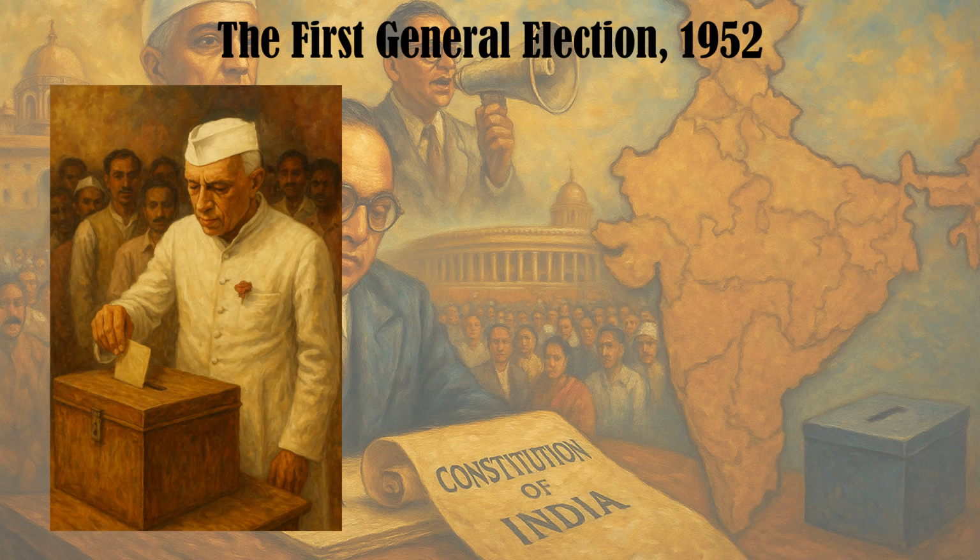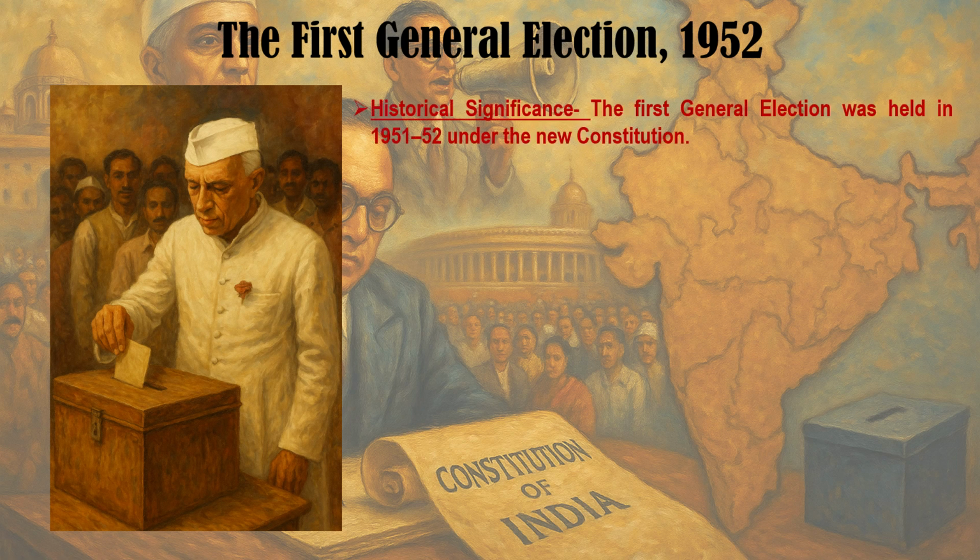Now, how was the first general election? Democracy means there has to be an election, and the election should be in a multi-party system. So how was the first election, which was held in 1952? The first general election was held in 1951 to 1952 under the new constitution. This was a historic feat because for the first time an election was being held in the largest democratic nation of the world.